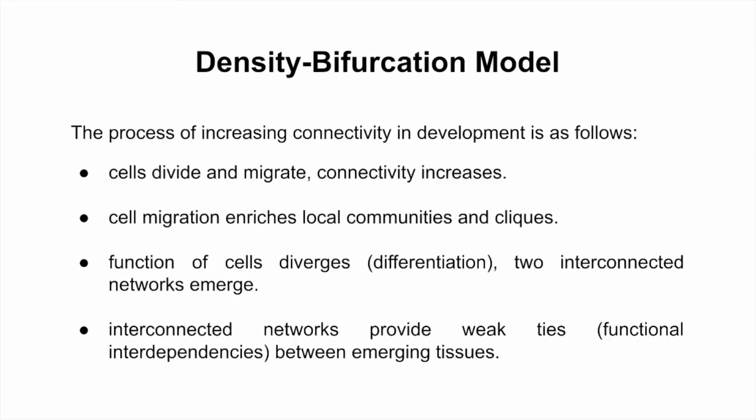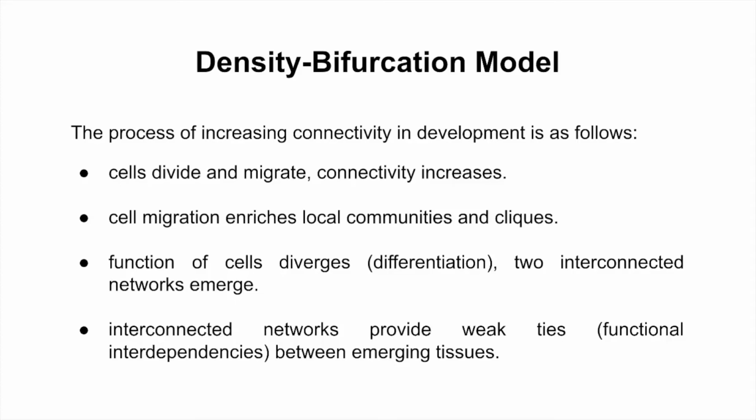So we've come up with one thing for now that might be a candidate, and it's something we're proposing called the density bifurcation model. So the process of increasing connectivity and development occurs as follows. At first, you get cells that divide and migrate. And as a result of that, based on our criterion, the connectivity increases. Secondly, cell migration enriches local communities and cliques, so you get this enrichment of structure.